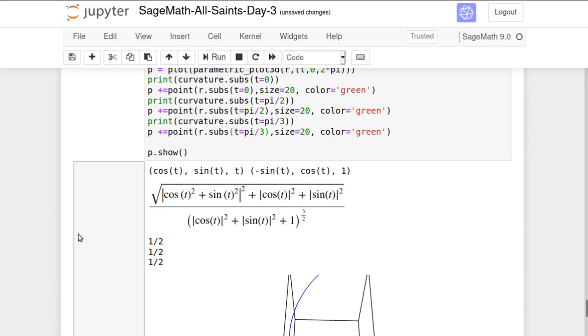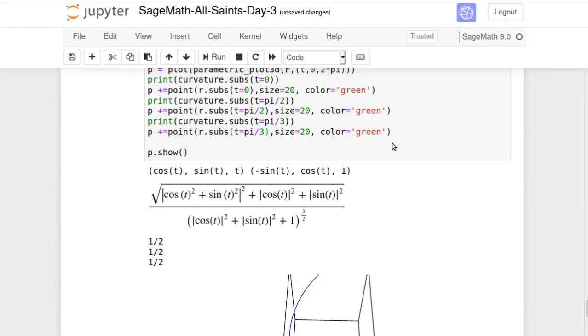Can somebody say why we are getting the curvature to be the same always? Or are we going to get the curvature same always for every t? What do you think? Anybody can answer? Any answer to this?